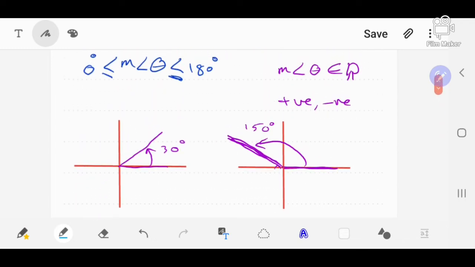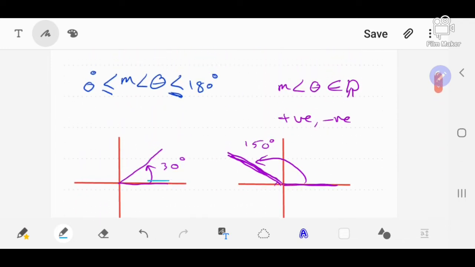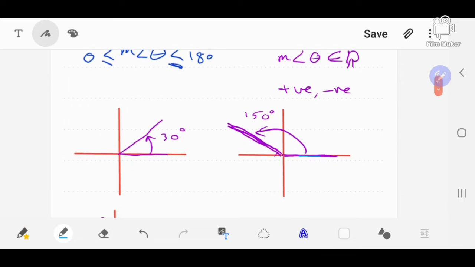Now, if we look at this angle here, the 150, how much is left between 150 and the x-axis? We all know that a straight angle is 180, so up till here it's 180. So what was the distance between 180 and 150? It was 30 degrees. This angle is important to know for the future, and this will be something basic.